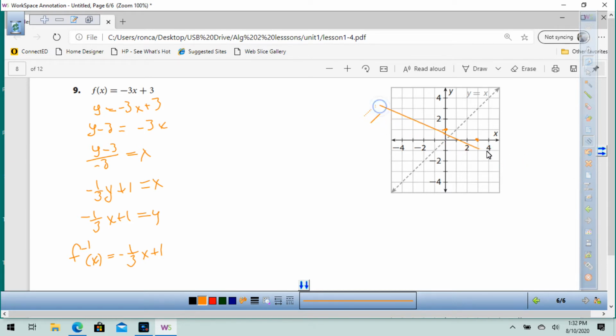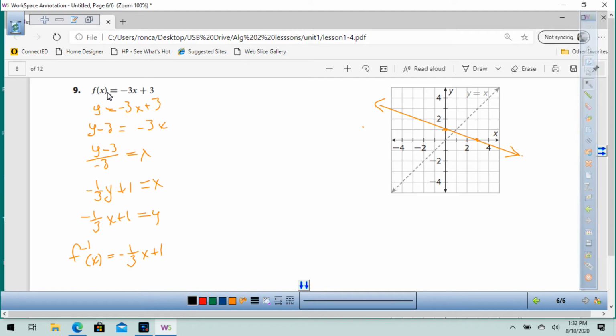It's too low. And there, that's pretty close. And there we go. That's my inverse.